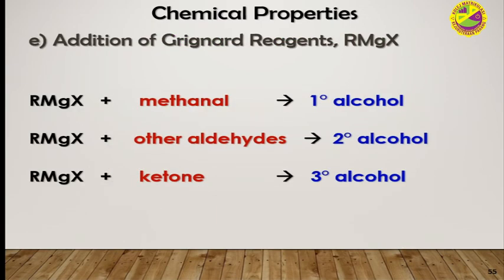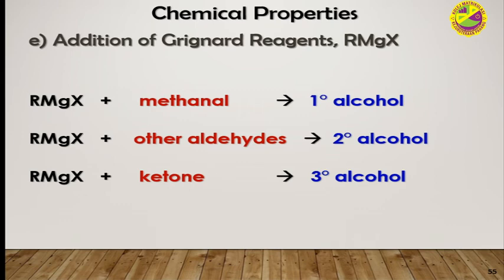The last one is the addition of Grignard reagents. If Grignard reagents react with methanal, the product will be primary alcohol. If Grignard reagents react with other aldehydes, the product will be secondary alcohol.